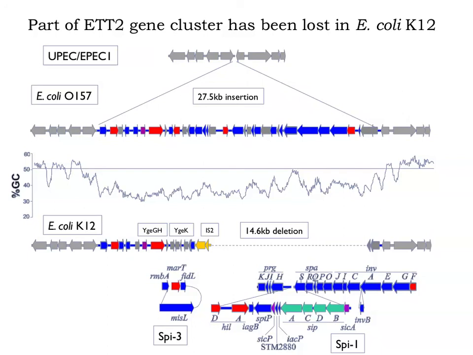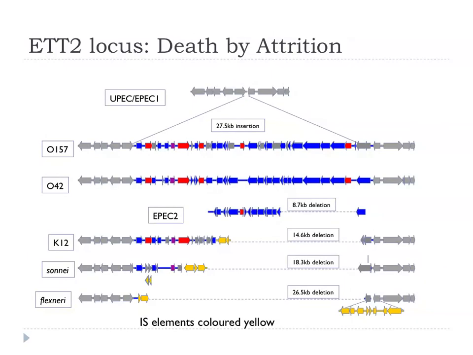We don't know what the function of that secretion system is, but one assumes it's no longer needed in this lineage. So the genes are silenced by point mutations and so forth, and then the whole region starts to get degraded as insertion sequences jump in at two different ends and provide the matrix, if you like, for recombination to occur and that piece of DNA to be snipped out.